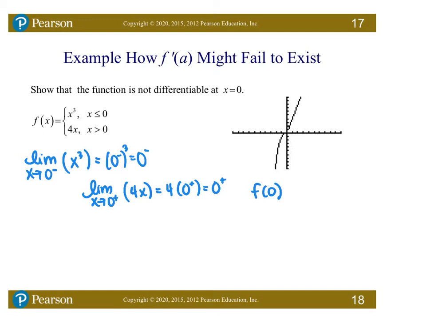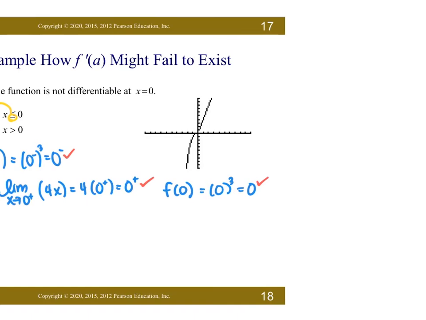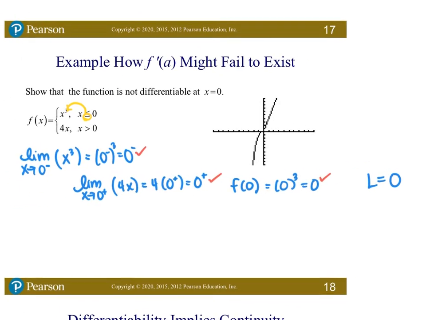And this time, the equal to is up here, so I'll be using the cubic. So that would be 0 cubed, which is still 0. And so check 1, check 2, check 3. The limit equaled 0, the value of L.